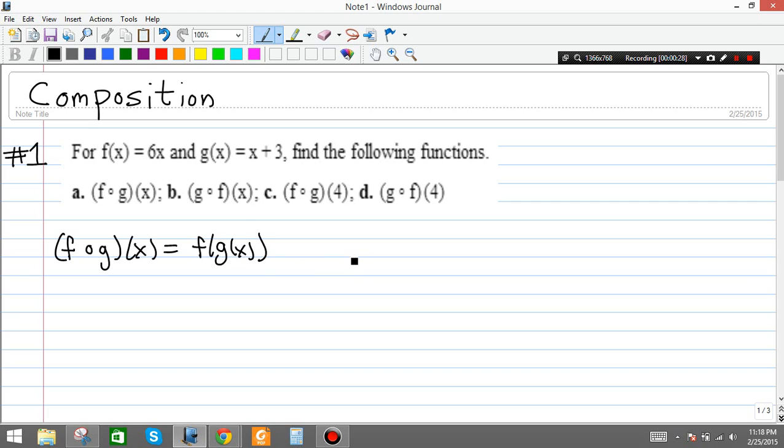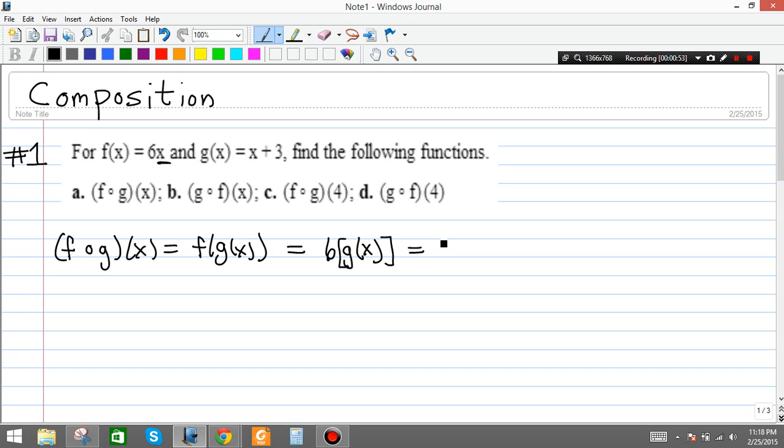And what that means is wherever you go to f and wherever there's an x, you replace it with g of x. Well, f of x is 6 times x. Instead of x, I'm going to put 6 times g of x. So this x gets replaced by g of x.